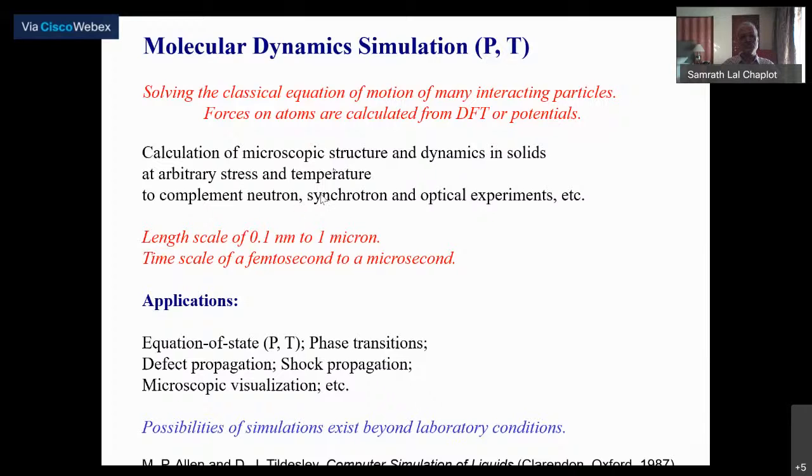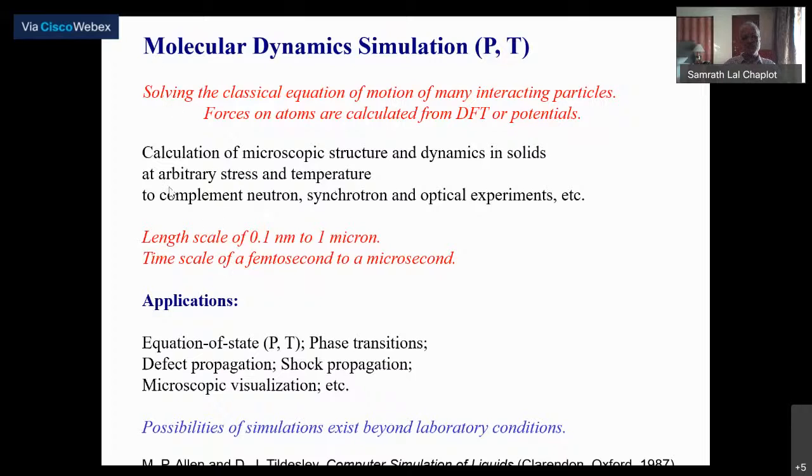That information can be directly compared with measurements from scattering experiments like neutron scattering, also X-ray scattering, or even optical experiments. A variety of these direct comparisons is possible.